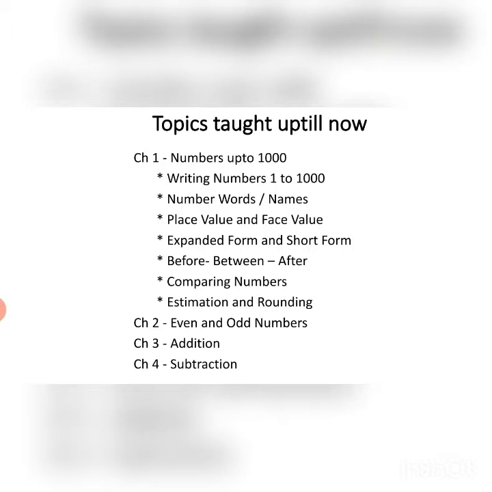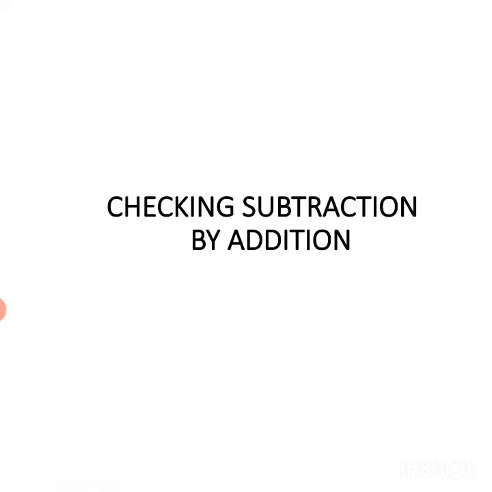Chapter 3, Addition. I already told you how to add 3-digit numbers with 3-digit numbers. And Chapter 4, Subtraction. In this chapter I have told you how to subtract. Today I will tell you the new topic under subtraction: checking subtraction by addition.